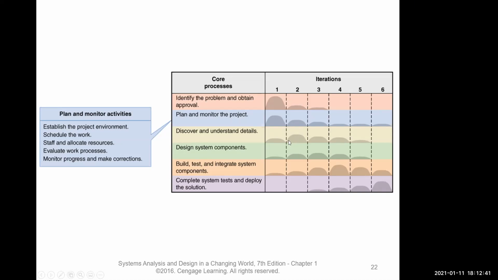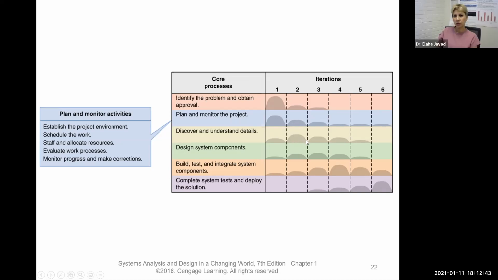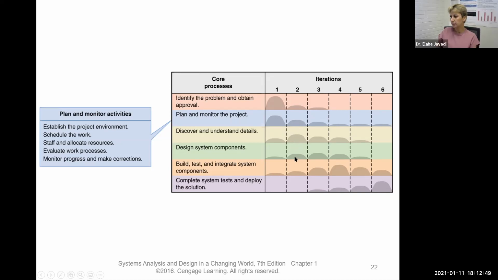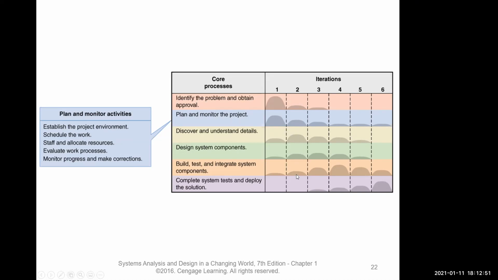What's the big chunk of your time spent on? Yeah, to discover and understand the details. Exactly. And to design the system components, little time is spent, and to build, test, and integrate the system, little time is spent, and to complete the system, no time is spent at all.